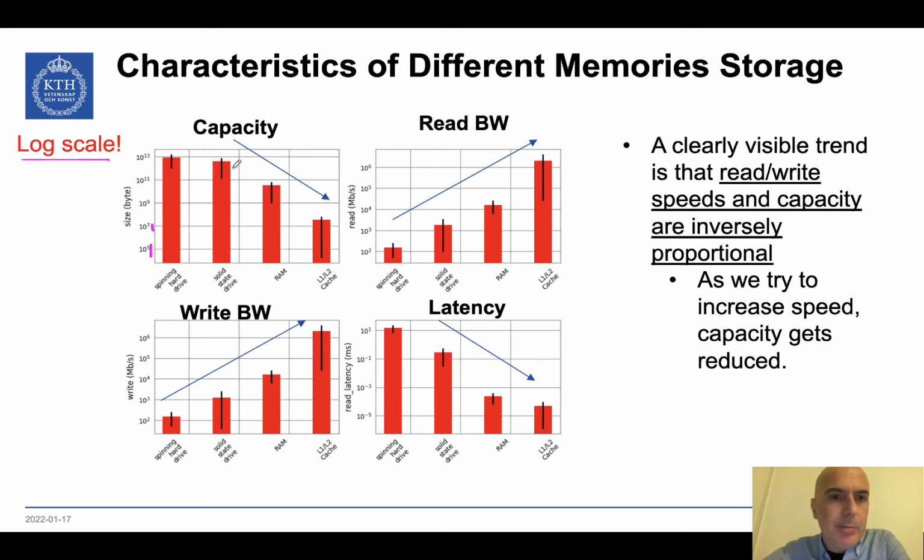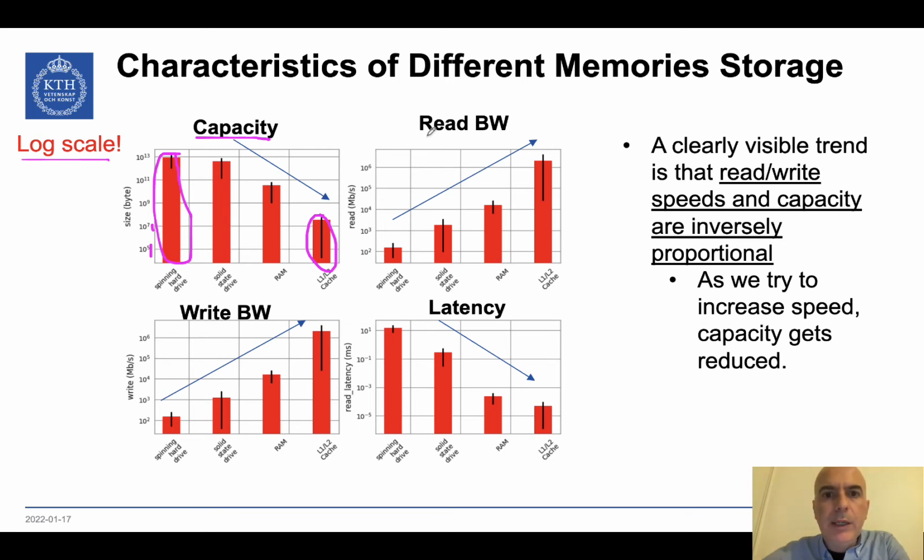The first point I want to make, which I already mentioned, is the difference in capacity. We go from a hard disk that can easily reach 10 terabytes to L1 cache, which is kilobyte and megabyte size. The second performance number is bandwidth, which we use to characterize the performance of the memory system.